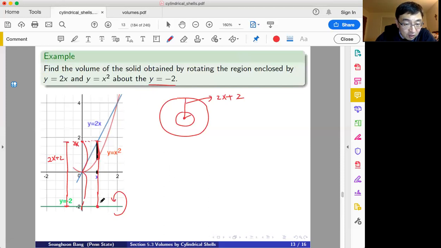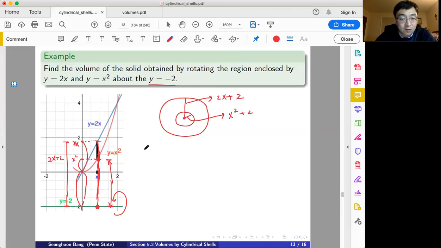What is the inner radius? From here to this one. The function value is on the curve x squared, so we have x squared plus 2. So 2 plus x squared.